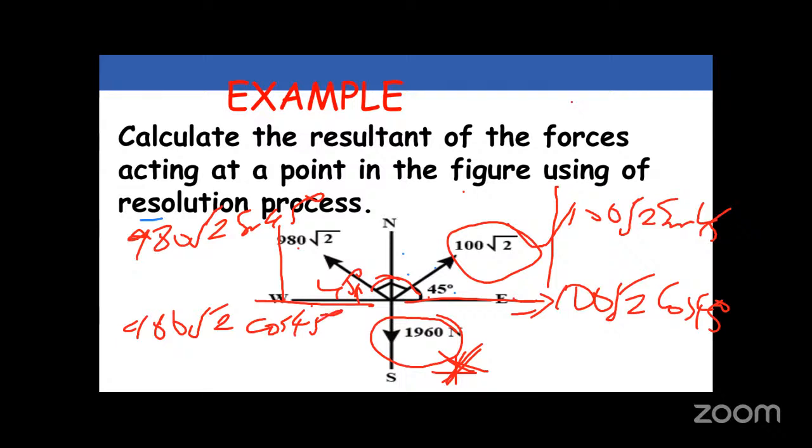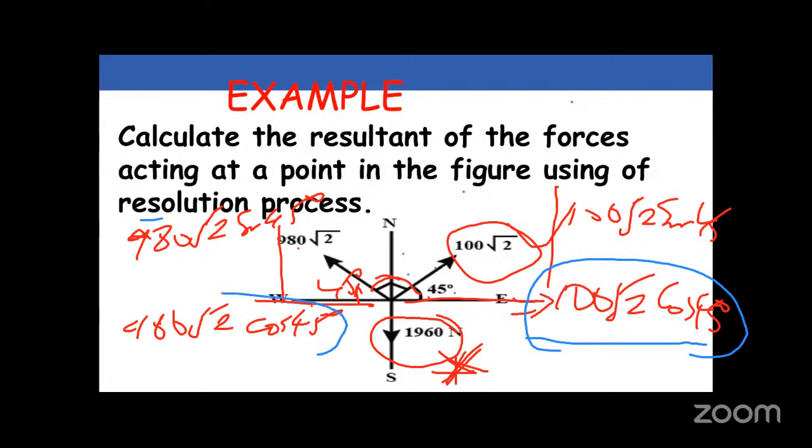Now, after you have resolved to vertical and horizontal component, you now add all the vertical components together and all the horizontal components together. Now, in this first quadrant, that is here, we have this as the horizontal component.